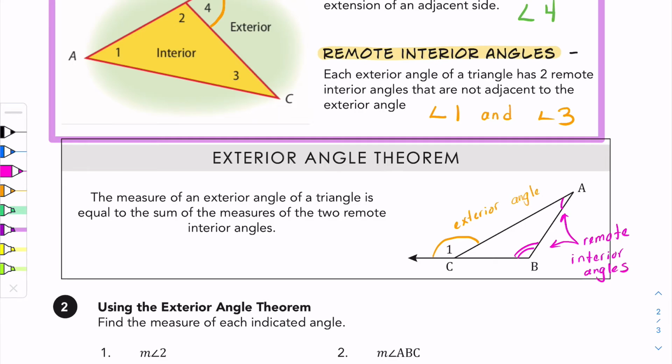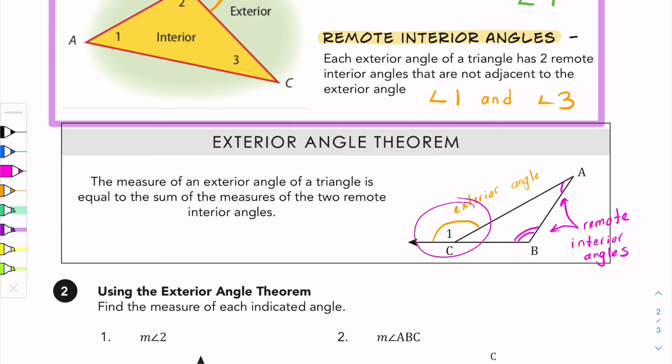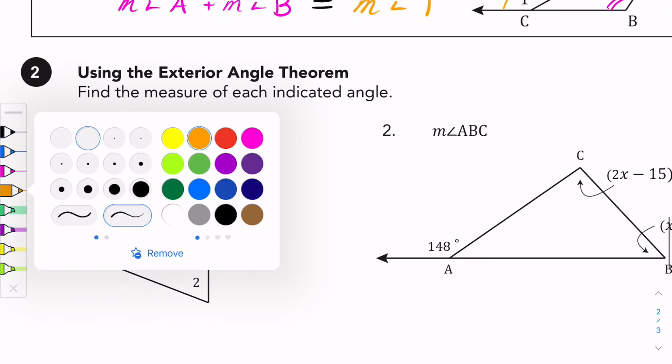Now your exterior angle is equal to the sum of your remote interior angles. So that's telling us that angle 1 is equal to angle A plus angle B. Looking at number 1, I'm going to label what I have here.